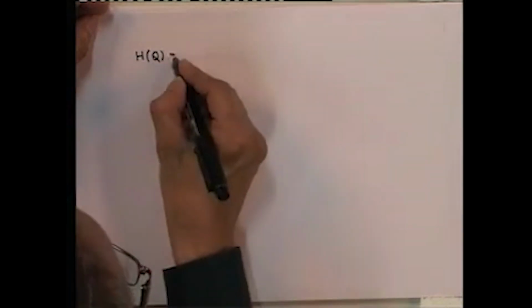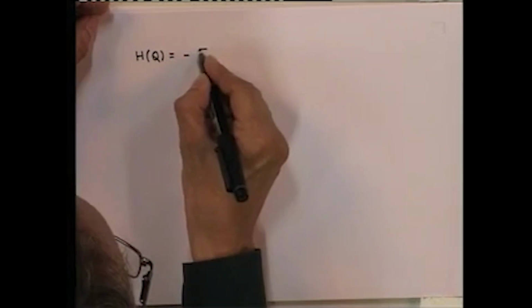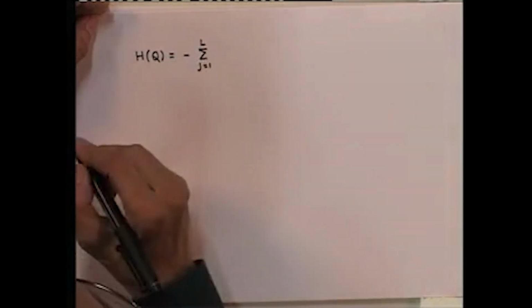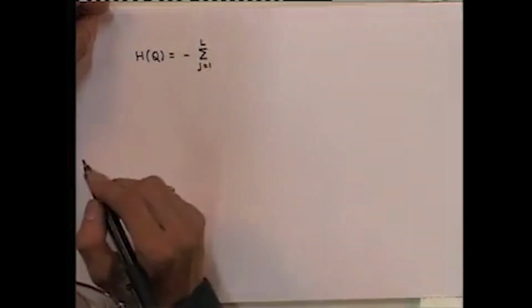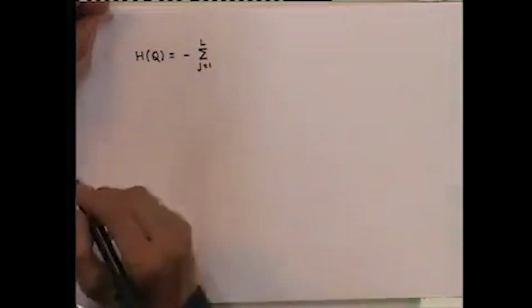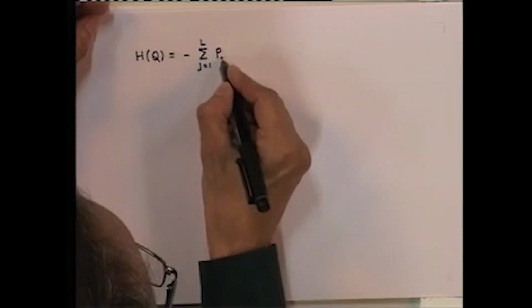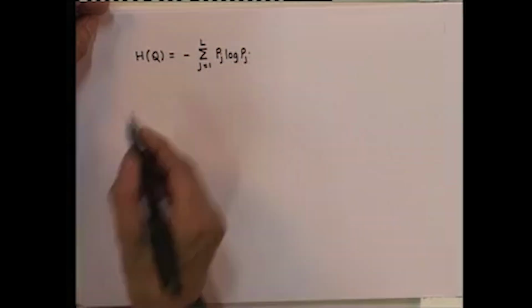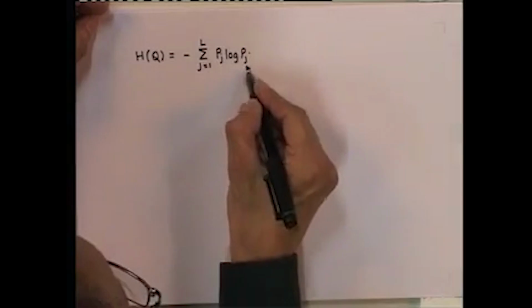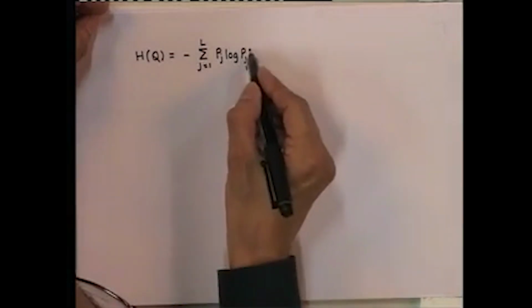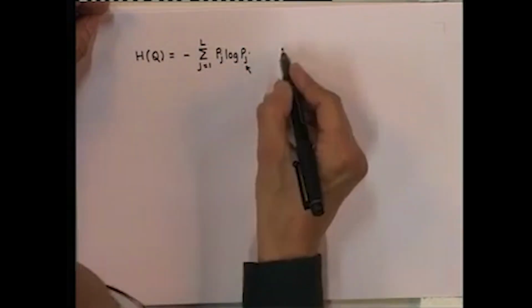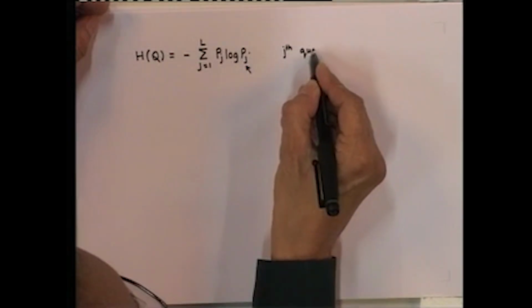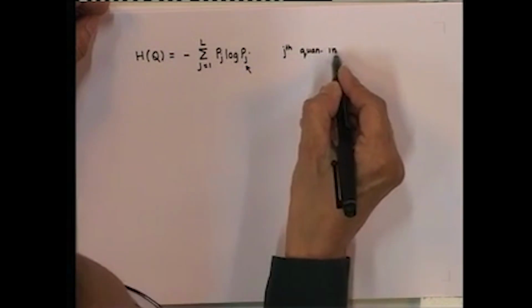H_Q is equal to minus summation j equal to 1 up to L, where we assume that the number of quantization levels are L, P_j log P_j, where P_j is the probability of the input to the quantizer falling in the jth quantization interval.